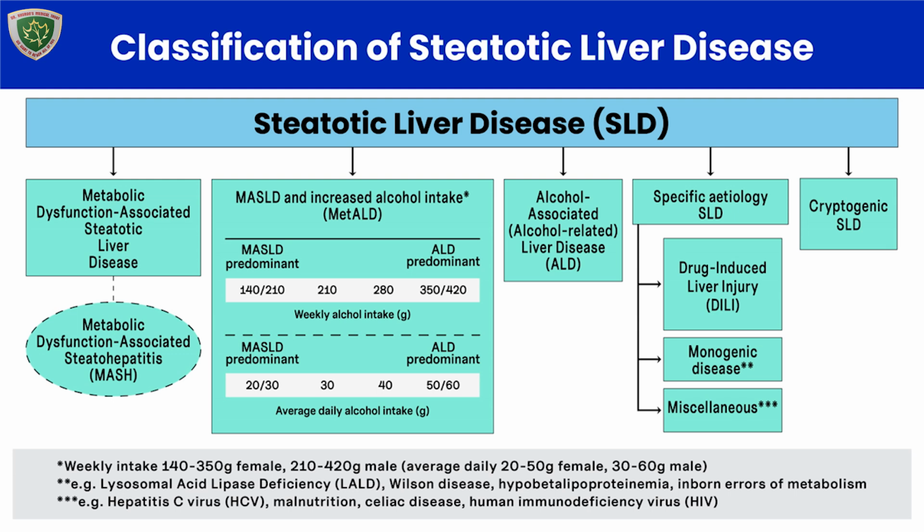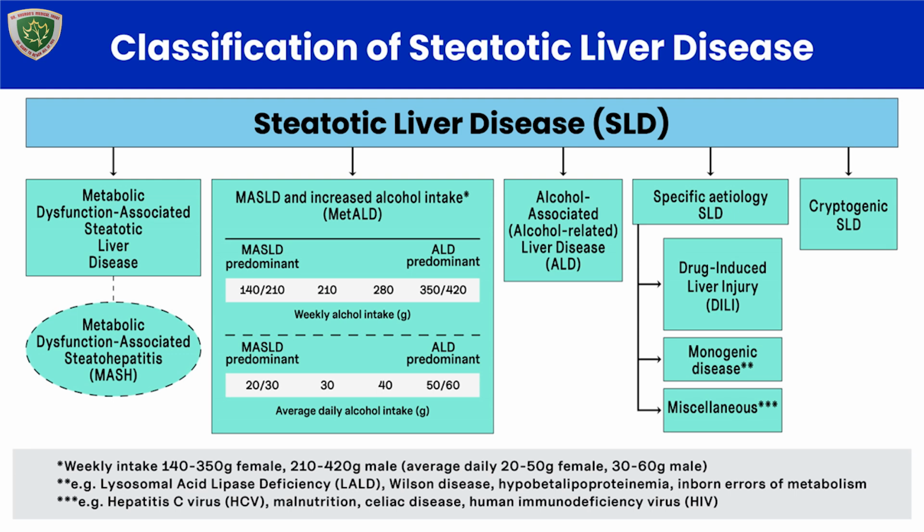So, ladies and gentlemen, fatty liver disease now has a new terminology and classification as shown in this slide. Steatotic liver disease was chosen as the overarching term to encompass the various etiologies of steatosis. Non-alcoholic fatty liver disease will now be Metabolic Dysfunction-Associated Steatotic Liver Disease, MASLD.